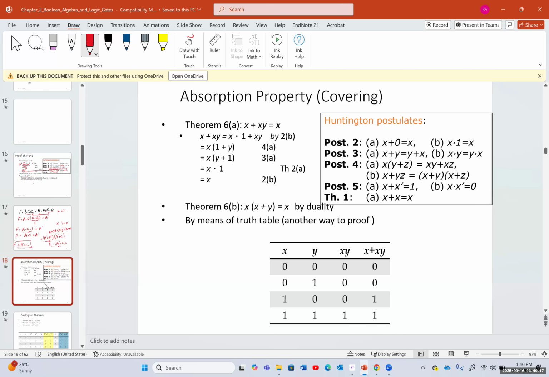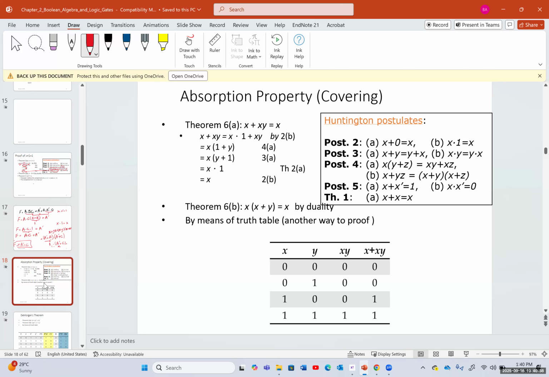In the same way, we can show by duality that x and with x or y is going to be equal to x. Another way to prove these is using the truth table and replacing the literals with the actual binary values of zeros and ones.